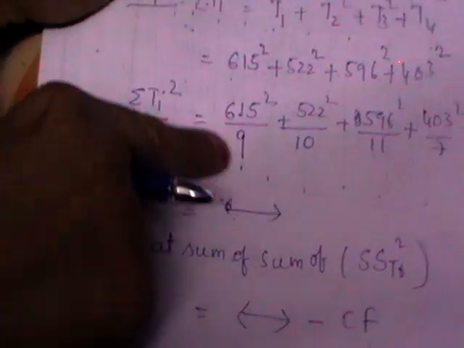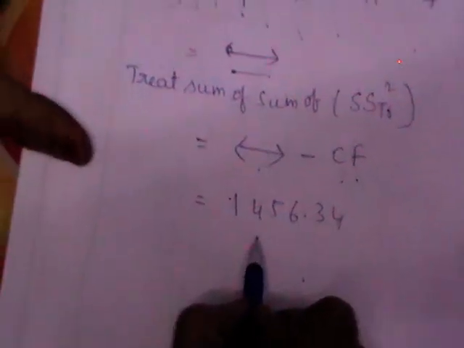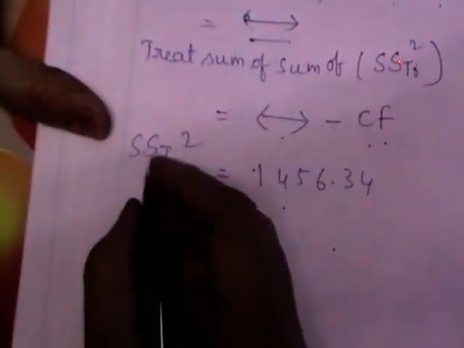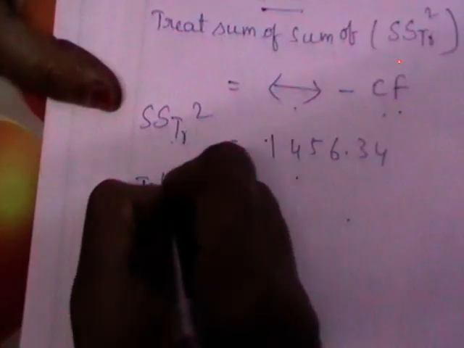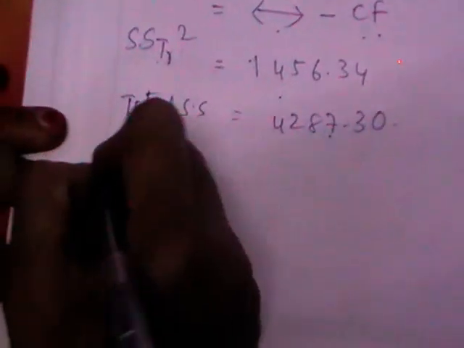You square by 9, and you will get a value here. This minus CF is going to give you the treatment sum of squares, which we indicate with SSTR. And in the previous one we have calculated the total sum of squares. How much did we get? 4287.30.